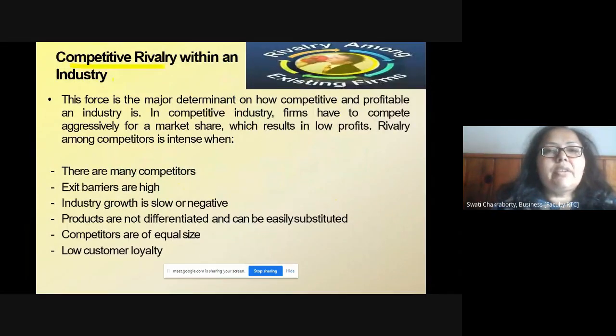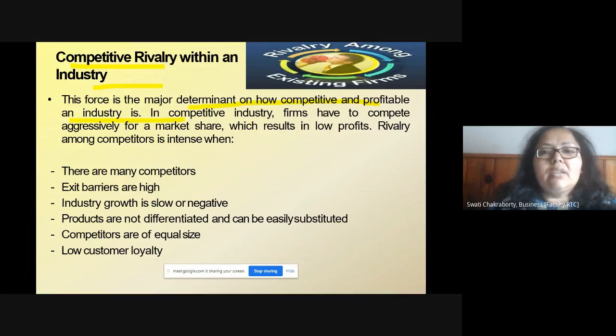Competitive rivalry within an industry. This is one of the major factors which tells us how competitive and profitable an industry is, right? In any competitive industry, firms have to compete very fiercely for market share, resulting in low profits.